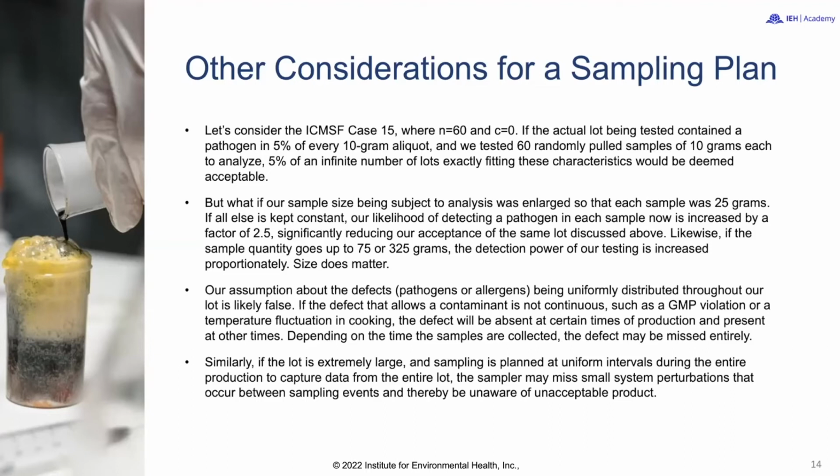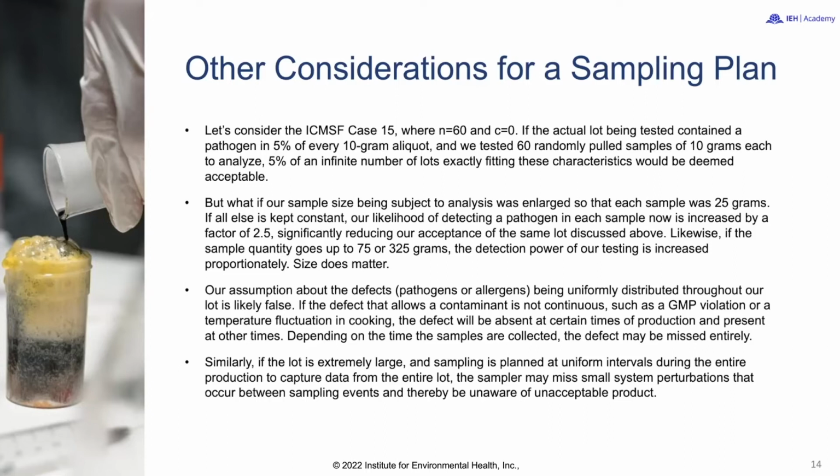So if you pulled samples like Don mentioned at the beginning, the middle, and end of a run, even if you pulled 10 or 20 at each one of those time intervals, you very well could miss a defect in that lot because it happened during one of the times when you were not pulling samples. So the time that you pull samples is very important if you're trying to catch these non-uniform errors in your process.